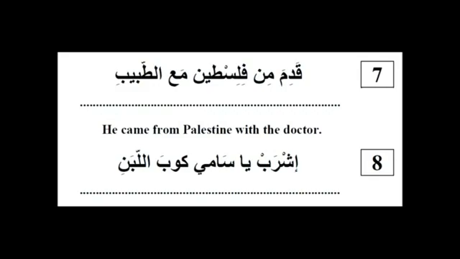Some of the days of the week they call by numbers. So Sunday they call al-Ahad, the first, and Monday they call al-Ithnayn, the second. Tuesday they call it al-Thulatha. Wednesday they call it al-Arba'a, which means the fourth.